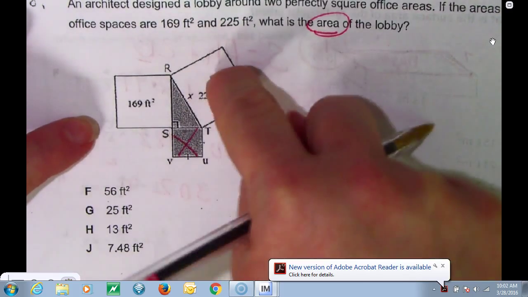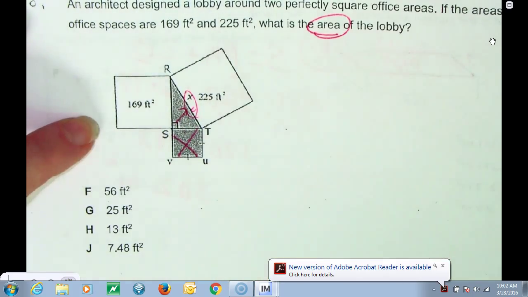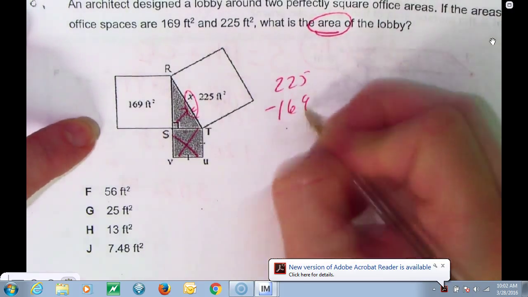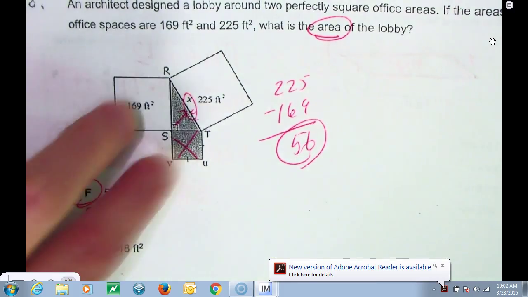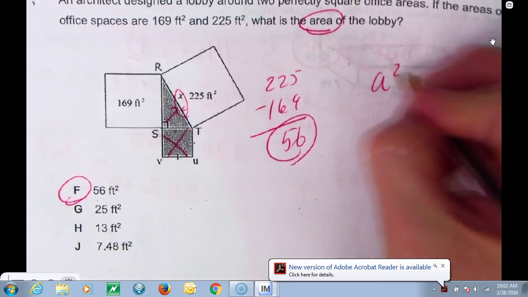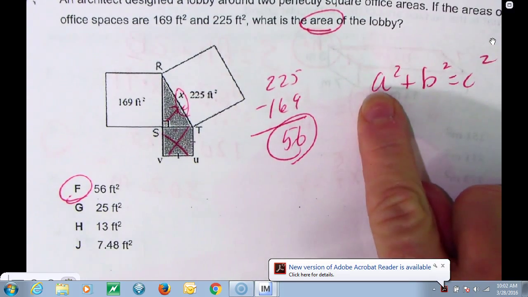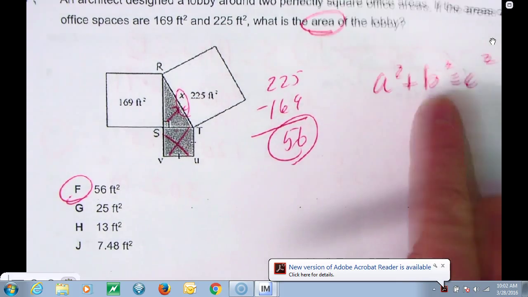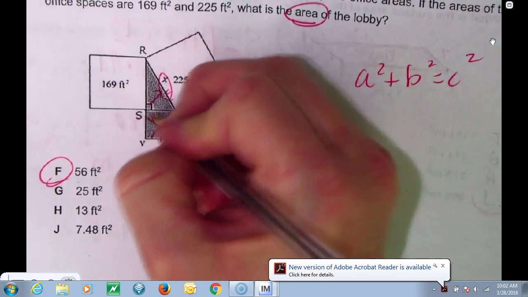Some of you got smart and said, oh, well, if you add the two areas up, then you get the area of the side C. And that's side C right there where they put an X. So you just did 225 minus 169. That's what the Pythagorean theorem says, guys: you're taking side A and squaring it, so you're getting the area of each side, A and B, and that gives you the area of side C. But if you did this, A, we don't know.